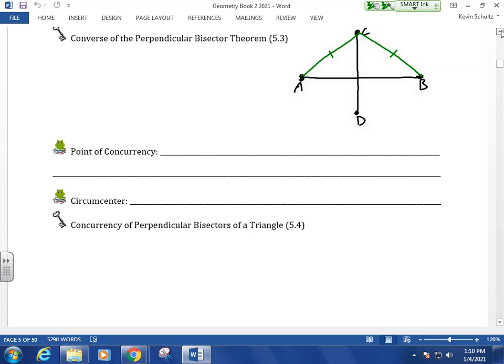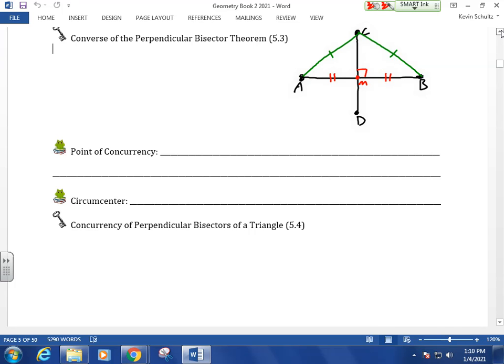If we know that point C is equidistant from the endpoints of segment AB, we can then conclude, so this is going to be in red now, that not only does this intersect at a right angle, but that this point is the midpoint of segment AB, which means that, we'll call it M for midpoint here, AM is congruent to MB.